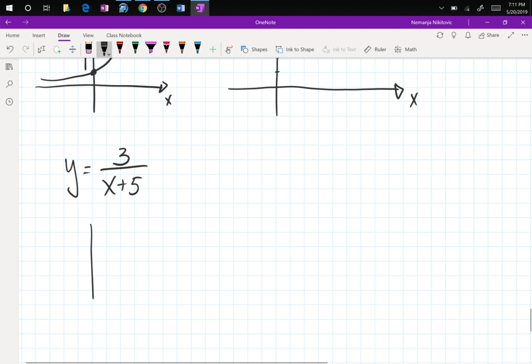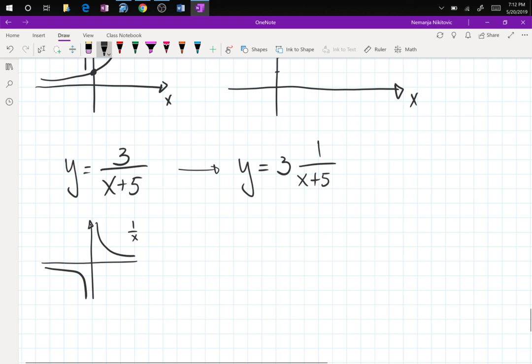What we have is our basic 1 over x. That's what we have, 1 over x. No anchor points, right? All I have are two asymptotes that are intersecting at 0, 0. Intersection of those points will help you with the anchor, right? So we can write and understand this function as y equals 3 times 1 over x plus 5.